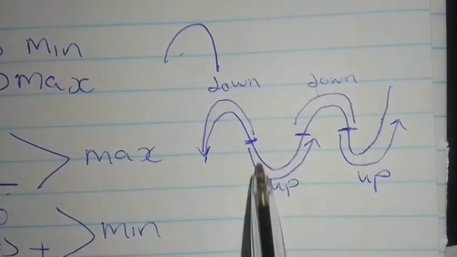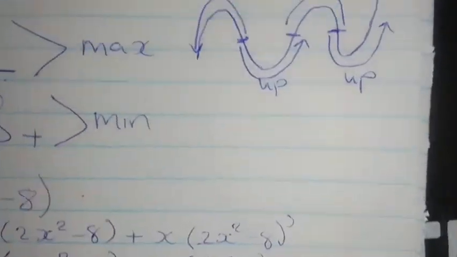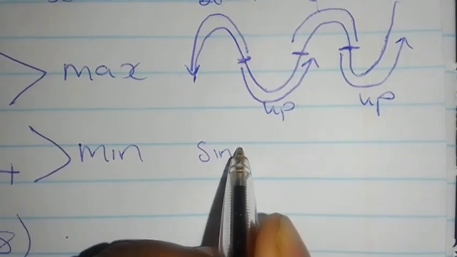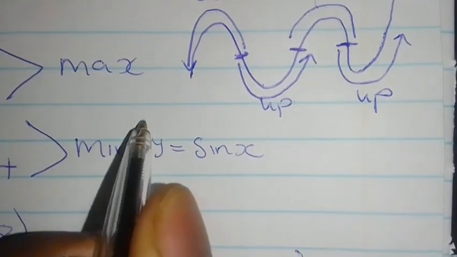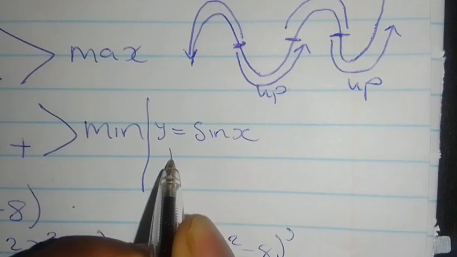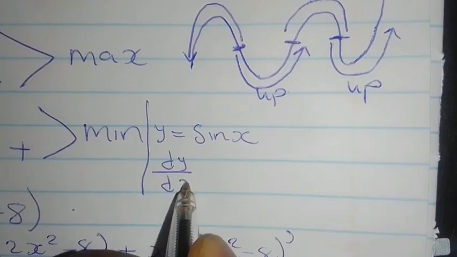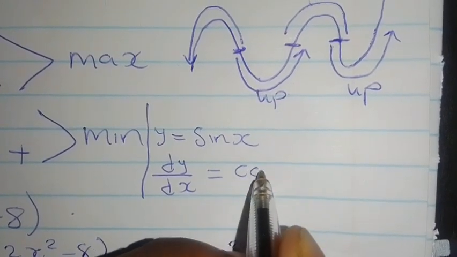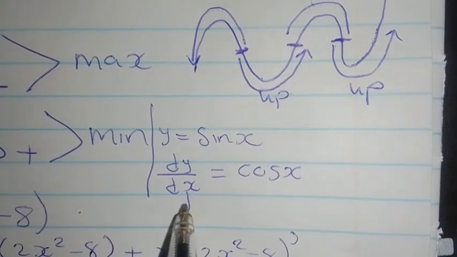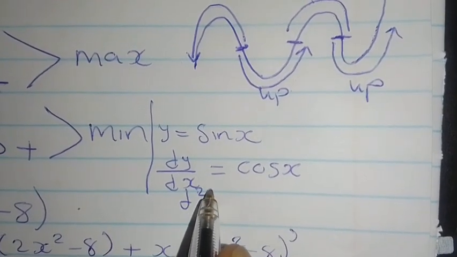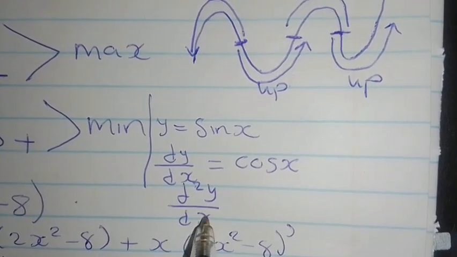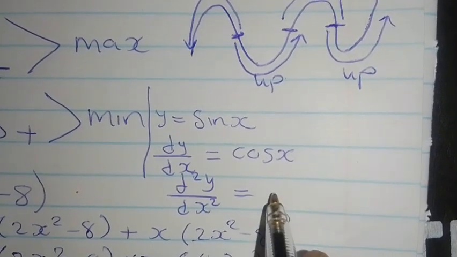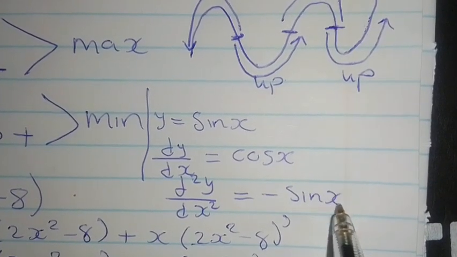But if you cannot use this visual method, you can use the formula. For example, suppose I have y equals sine x. Then dy over dx, the first derivative of this, is cos x. Now, the second derivative of this will be minus sine x.